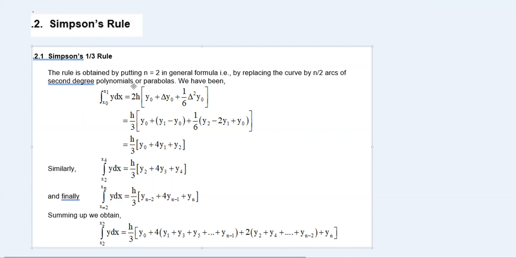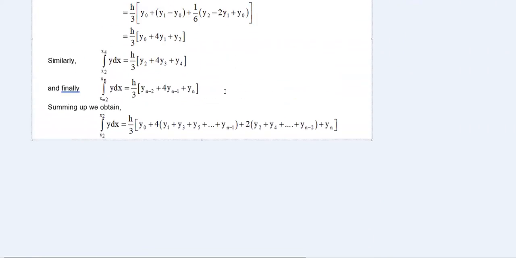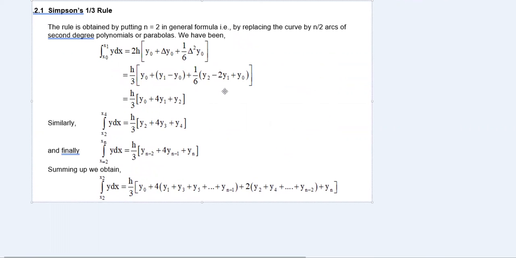So here n equal to 2 means we are approximating with y naught plus delta y naught, that is the first difference, and the second difference. In the general Newton-Cotes formula, the second difference gives us y naught plus (y1 minus y naught) plus 1 by 6 times the second forward difference, which is y2 plus y naught minus 2y1.